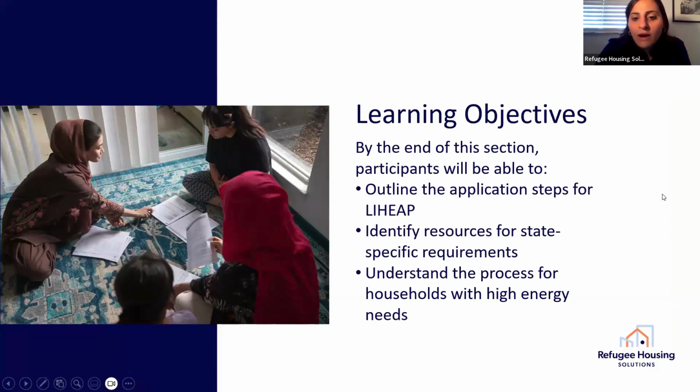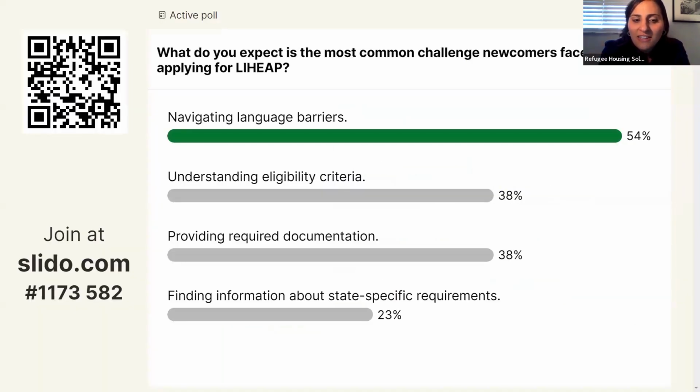The outline for the application process, we'll share those resources in the follow-up email, but it's going to be discussed here in this PowerPoint. We're going to identify those resources from state-specific requirements and then understand the process for households with high energy needs. Questions already kind of given, but feel free to drop it in the chat if you had any comments on this or other thoughts.